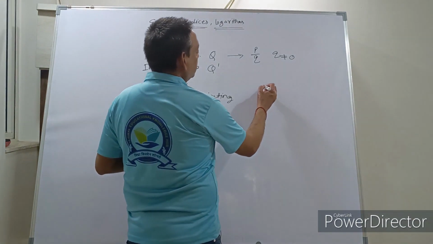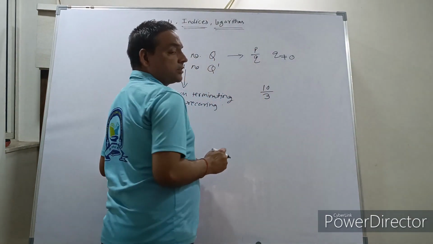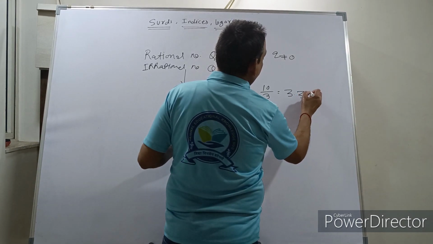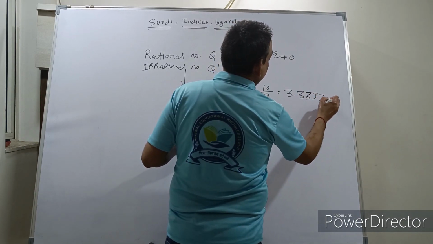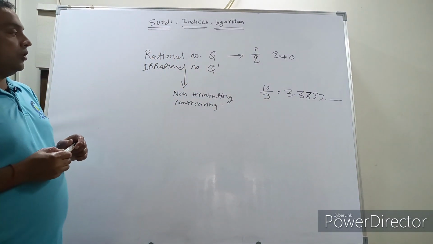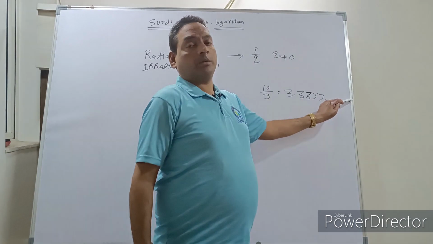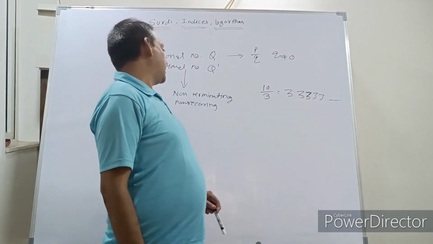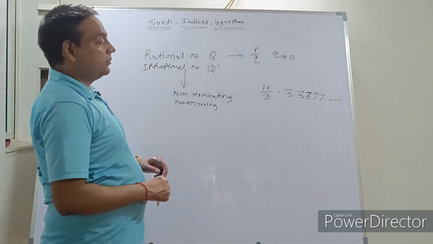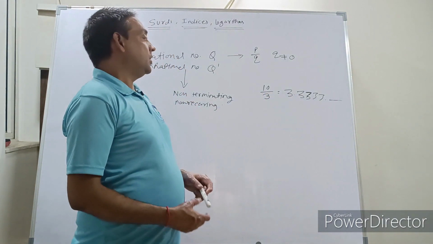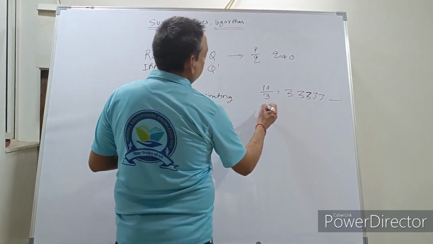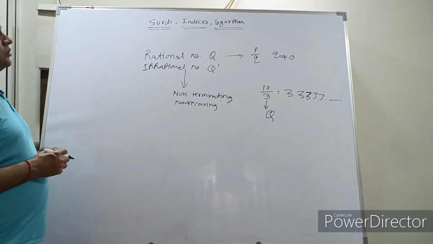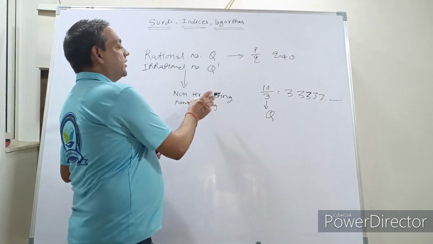If I say 10 divided by 3, we get the answer 3.333... Here the number is non-terminating because it never ends, but it is a recurring number, so we can say this is a rational number.